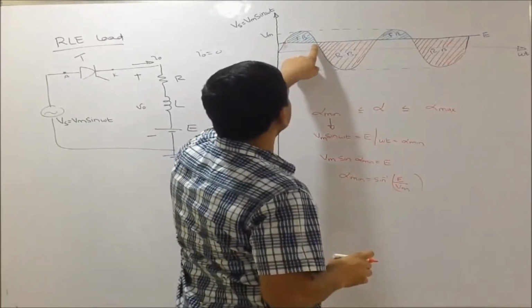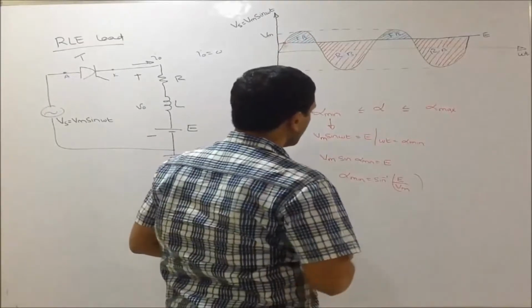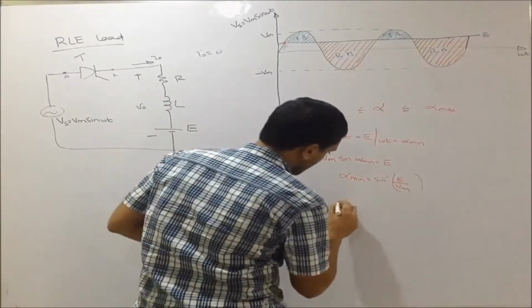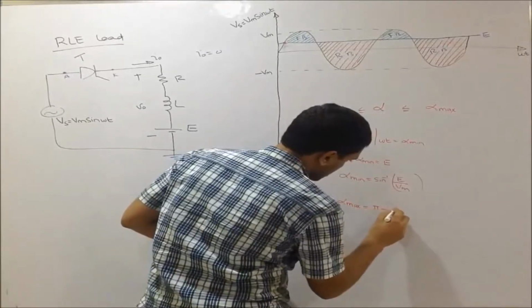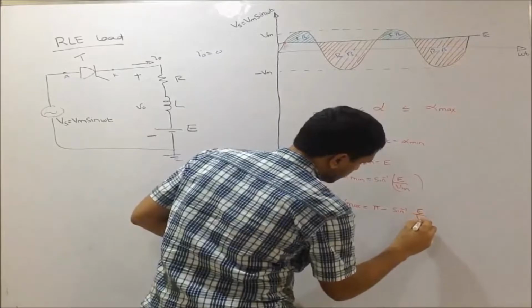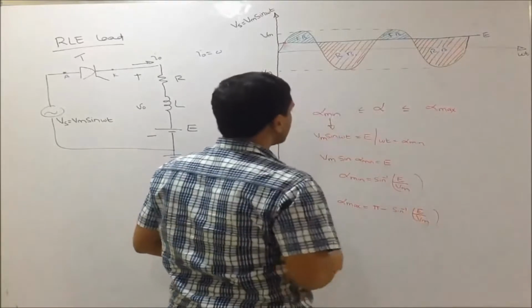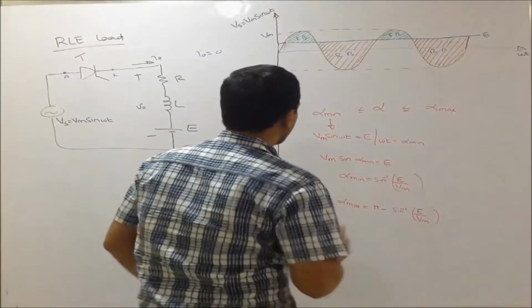Alpha max is the supplementary angle of alpha minimum. From the waveform we can easily see alpha max equal to pi minus sin inverse E by Vm. So these are the limits for alpha. Thereby what I can say?